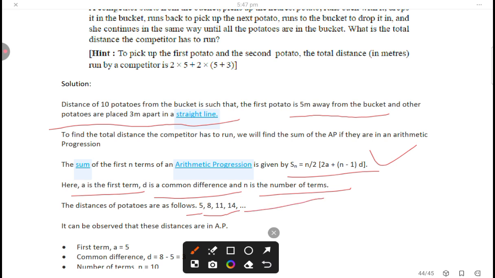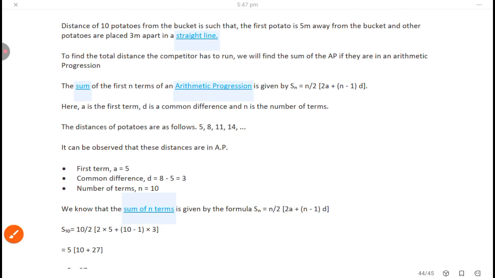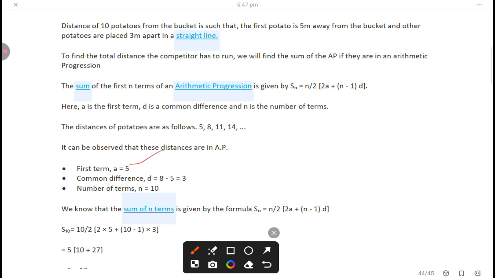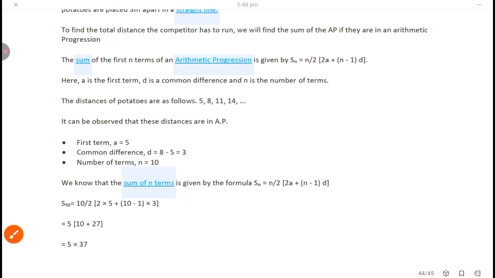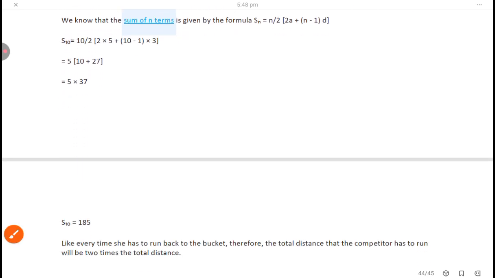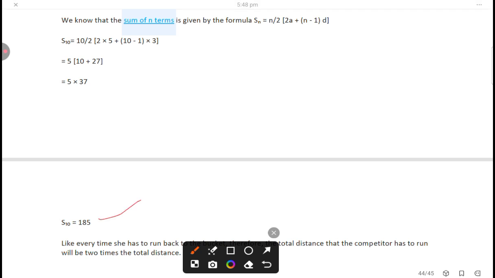So these are in AP. So the first term is 5, common difference is 3, number of terms is 10. With the formula, you have to find S10. So S10 is equal to 185.